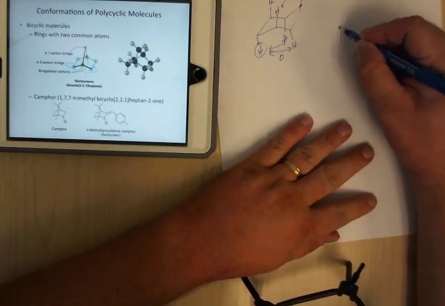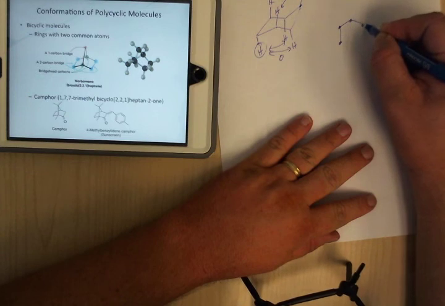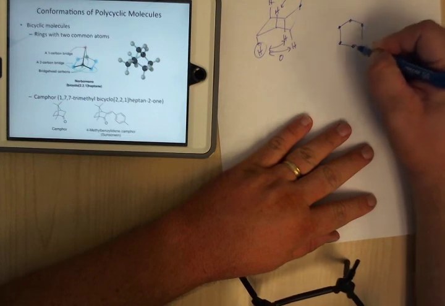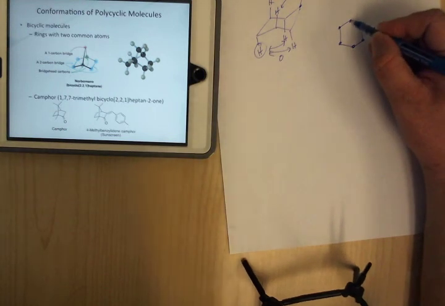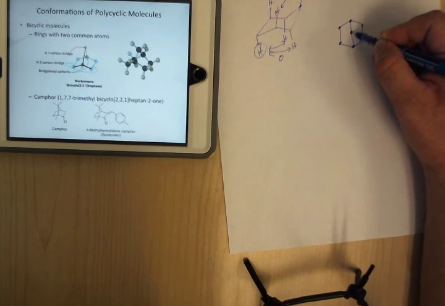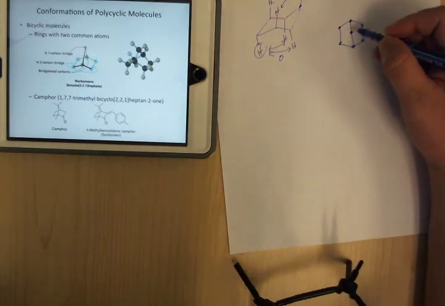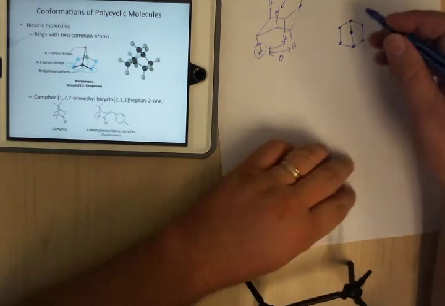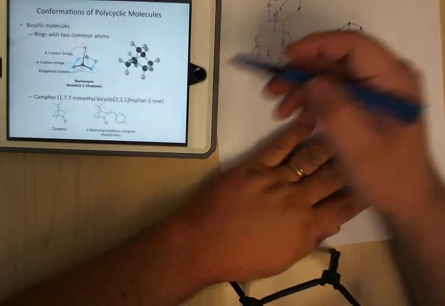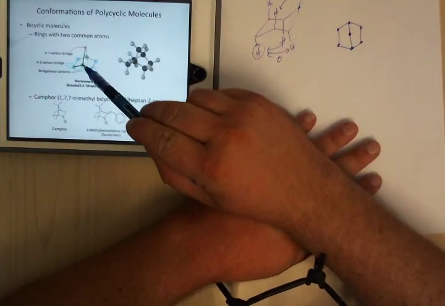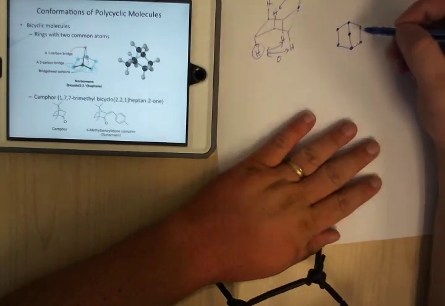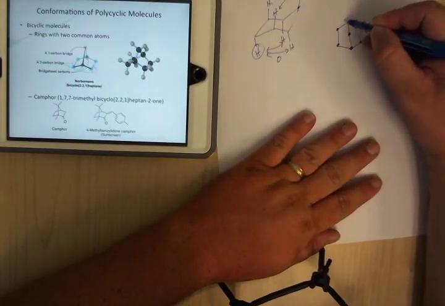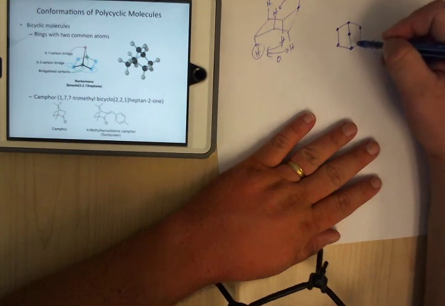If you look at it from the top, instead of having 2 hydrogens off of these guys, there can sometimes be a carbon in the middle, or you can have multiple carbons in the middle. If you look from the side, it's going to look like this, and this is the bridge between the two cycles. So it's called the bridgehead.